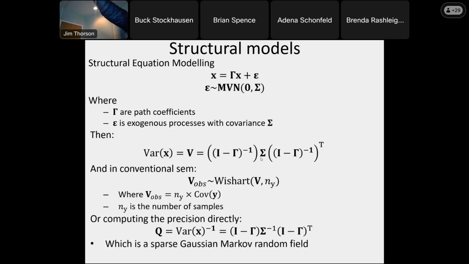And if you just rearrange the linear algebra, subtract the hangman times x from the left side and take a matrix inverse, you can see that the variance of x is this expression down here.